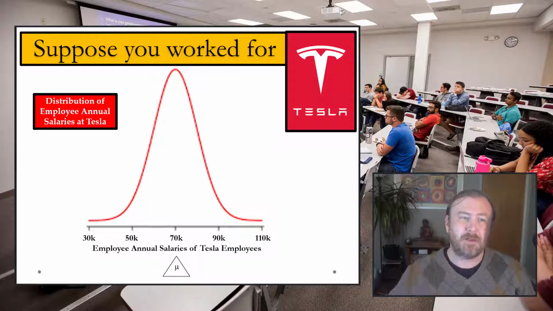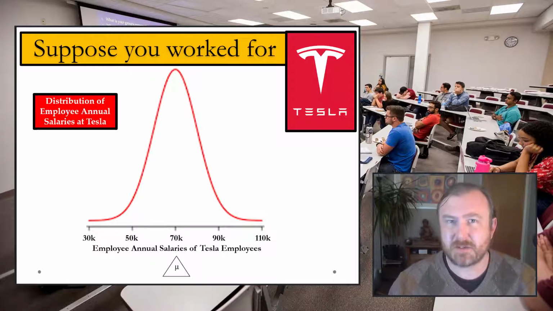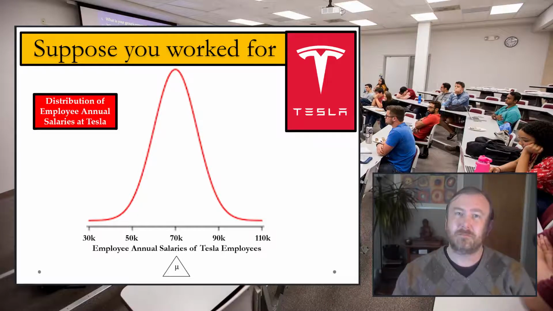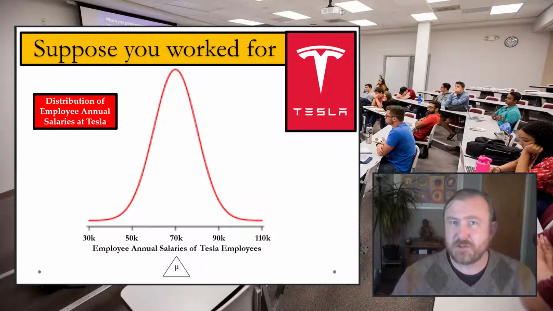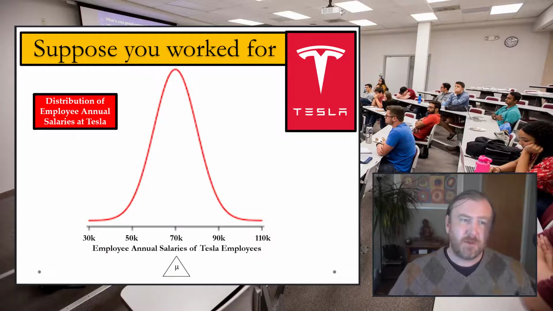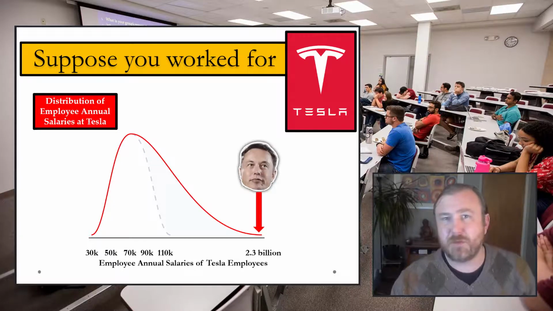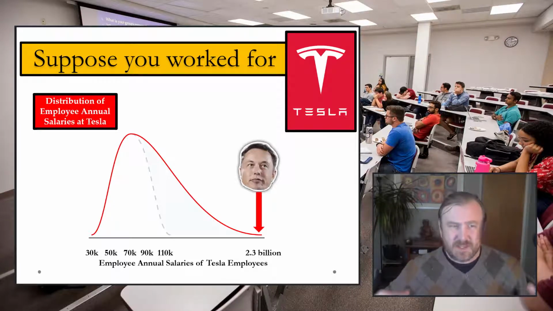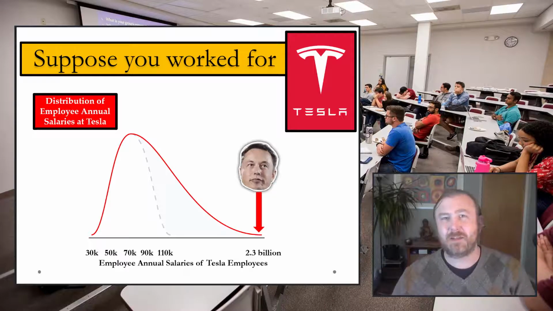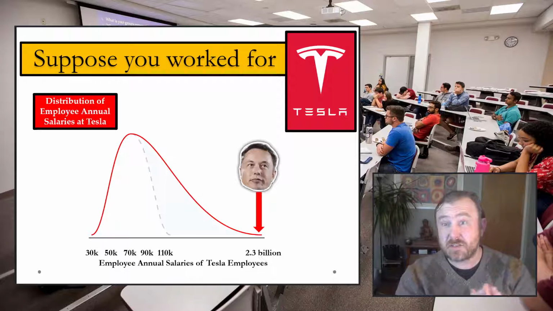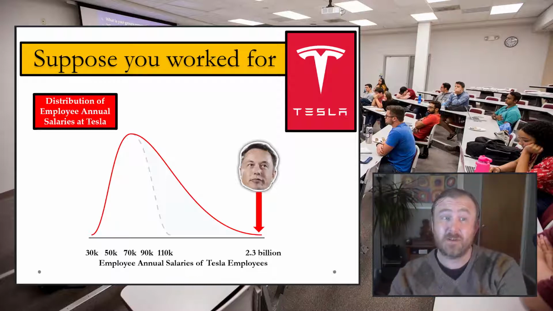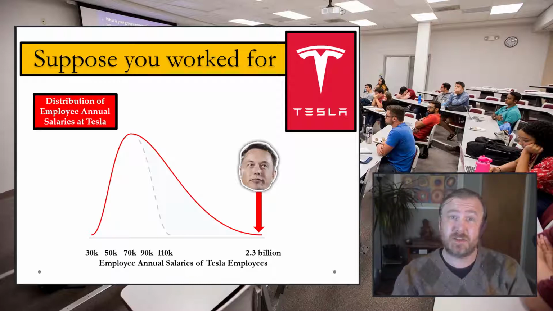Now, what would happen if Elon Musk was in that pool and we just tried to use the mean? You know, most people are making around 70,000 a year, but Elon Musk makes 2.3 billion a year, right? So he is going to really dramatically influence what that mean is. But the mean is still going to balance out so that the deviations are equal above and below that point.